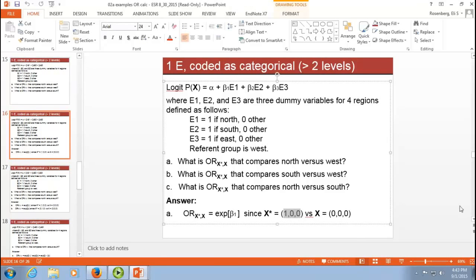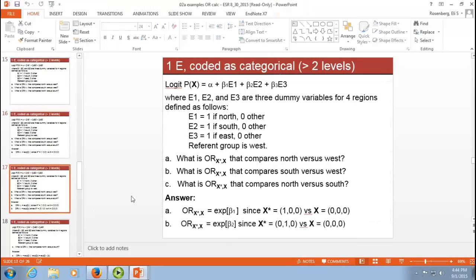You treat them just like variables in any old odds ratio expression. And that's e to the beta 1, because this is 1 minus 0, and then 0, 0, and so forth. In the situation where it's south versus west, E2 is 1, so it's 0, 1, 0 versus 0, 0, 0, and then you get e to the beta 2. That's the odds ratio for someone that lives in the south.